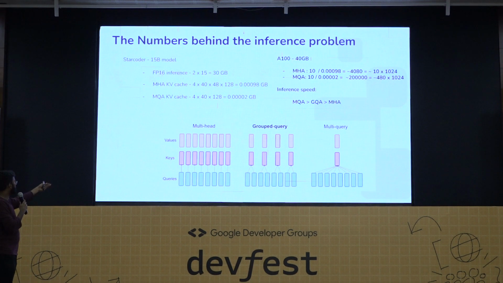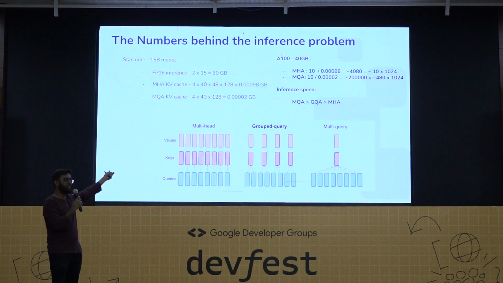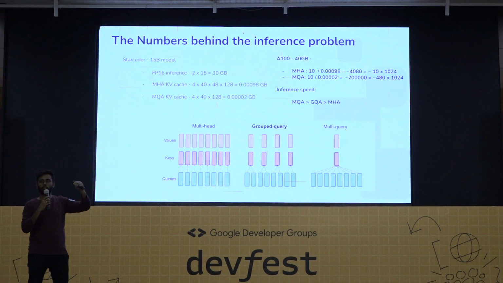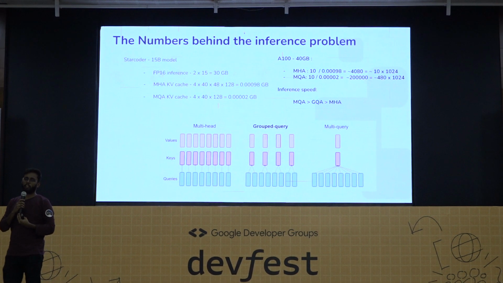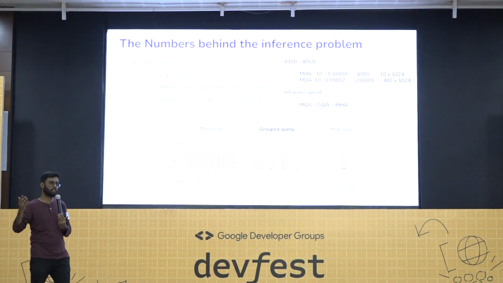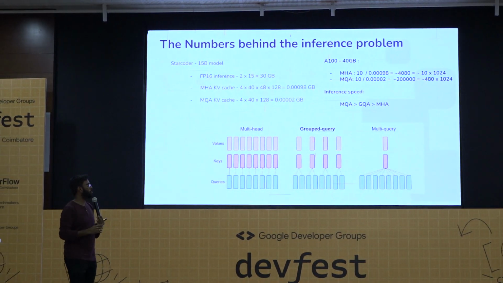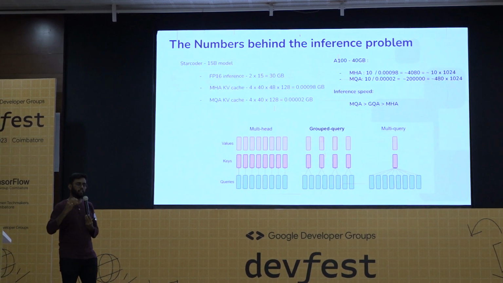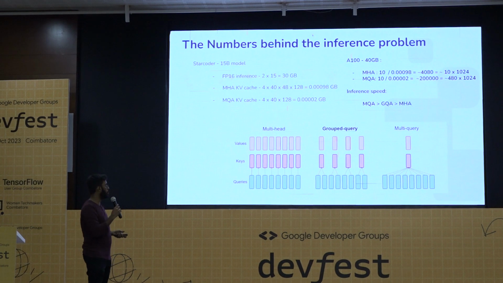So probably a rule of thumb is that MQA in terms of memory and speed is better than GQA, which is better than MHA, but there is a trade-off between MQA, GQA and MHA in terms of accuracy. Since there is more reuse happening in MQA, it has been shown to be comparatively less accurate. But if you are deciding on a model for your inference, you can probably take this rule of thumb.